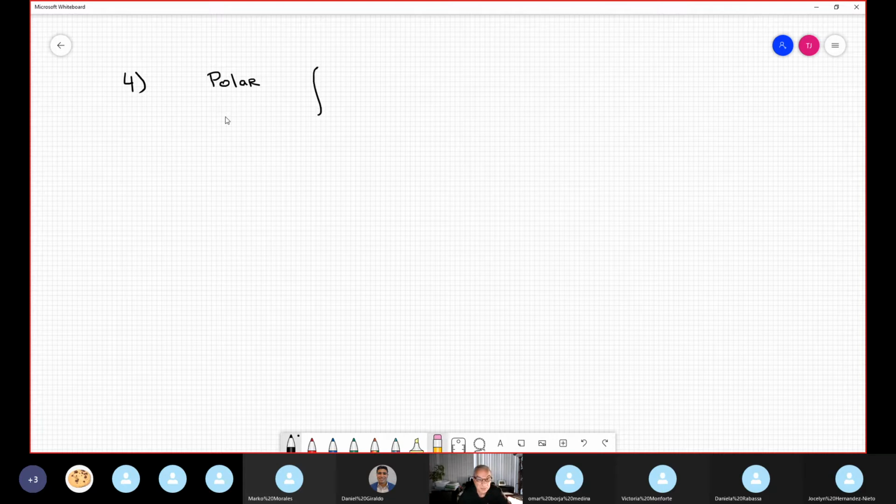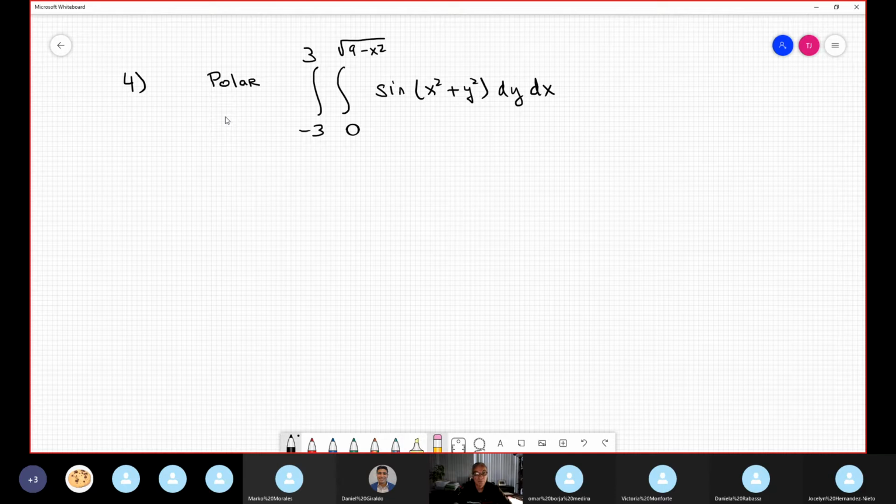It says double integral from -3 to +3, and 0 to square root of 9 minus x squared, sine of x squared plus y squared, dy dx. Okay, this is the double integral given.